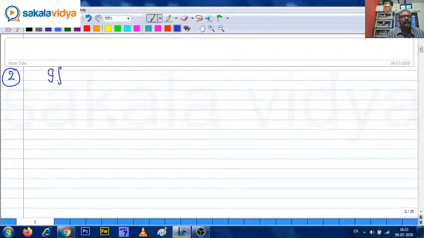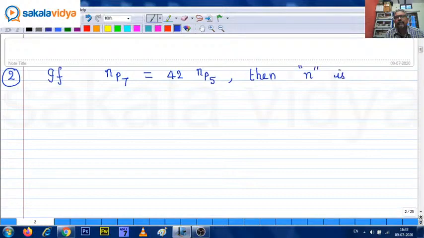If NP7 equals 42 times NP5, then N is equal to: first option 5, second option 7, third option 12, fourth option 9.